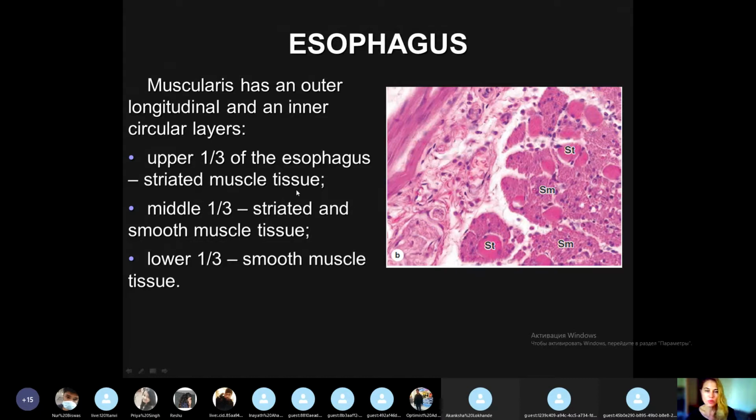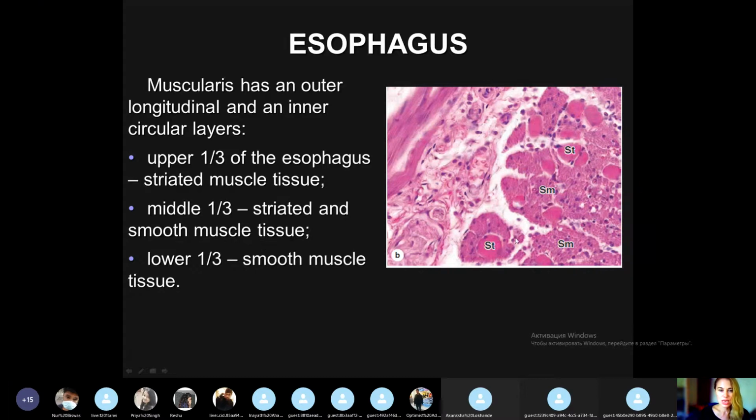And you remember from the beginning of the lecture, because this part is situated at the border with the pharynx, it has the same type of muscle tissue as the upper part of the digestive tube. The middle third of esophagus is represented by both types of tissue.